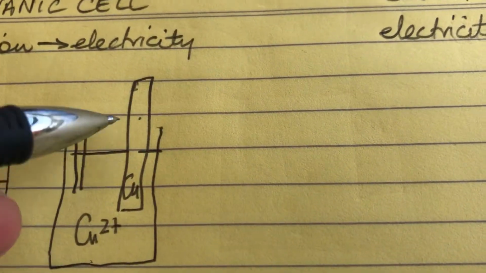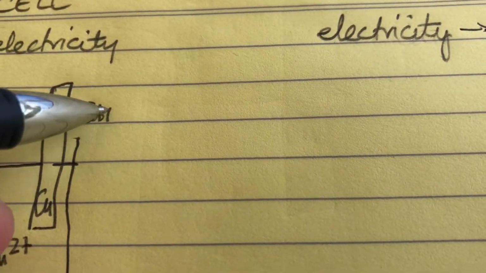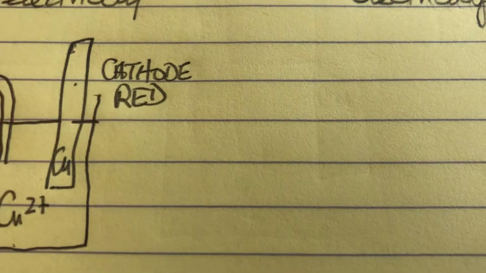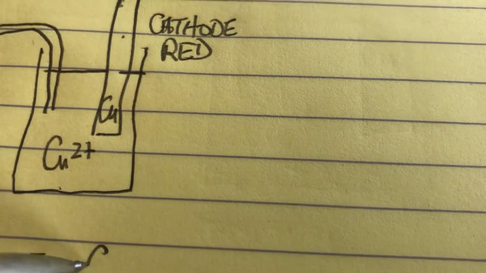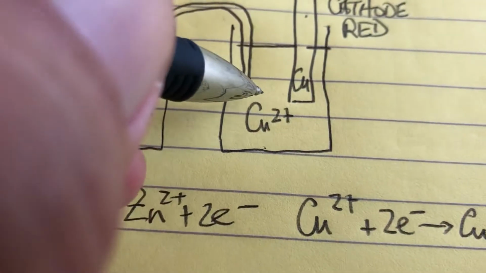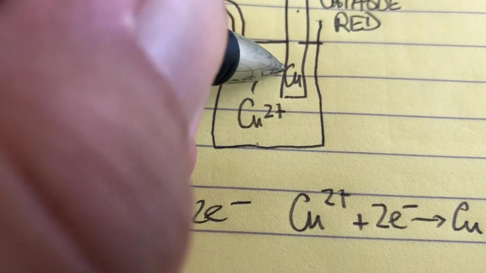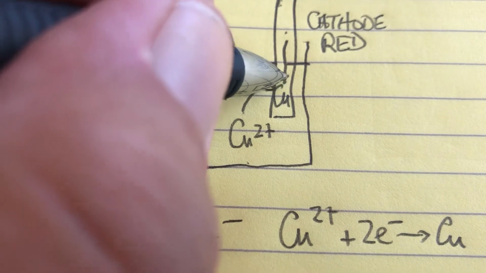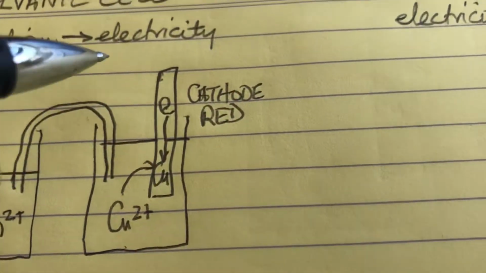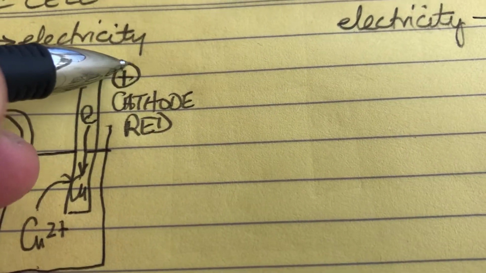At the cathode, over here, we have reduction, and reduction involves the copper 2 plus ions plus 2 electrons forming copper metal. So over here, the copper 2 plus takes electrons from the electrode and makes copper metal. That makes this electrode positive.